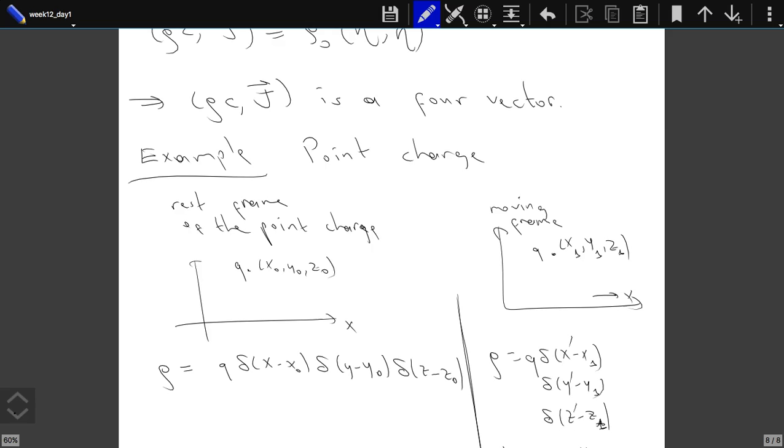The corresponding length here should be smaller: x1 should be equal to square root of 1 minus v squared over c squared times x0. x0 is measured in this frame, that is Lorentz contracted, and we get x1. So 1 over gamma.